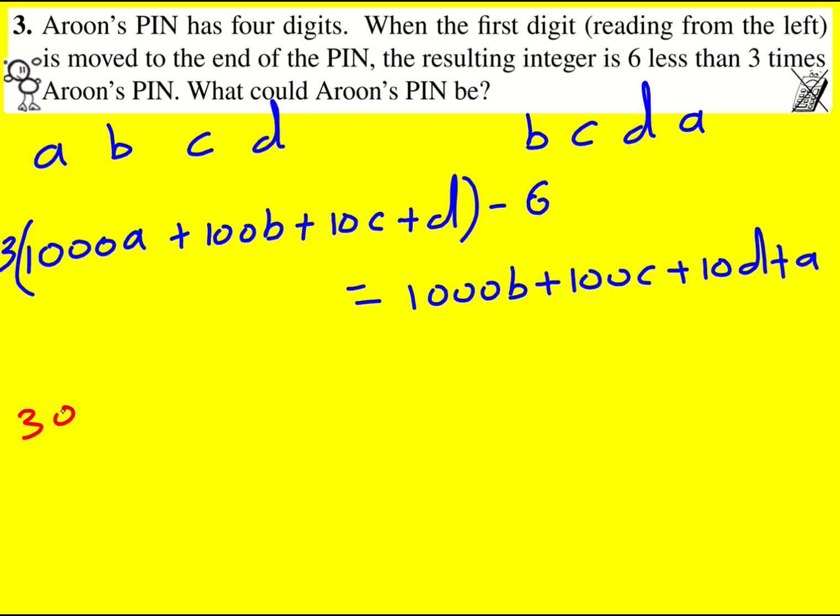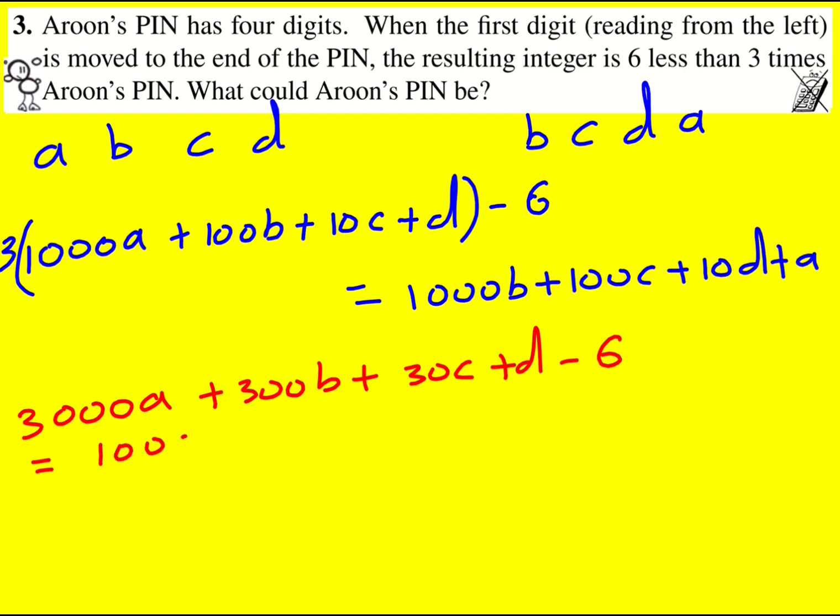So let's multiply this out. 3,000A plus 300B plus 30C plus 3D minus 6 equals 1,000B plus 100C plus 10D plus A. Ideally I'd try and write this all on one line, but I don't have space here. Now I'm going to sort this out, getting all the A's onto the left-hand side.